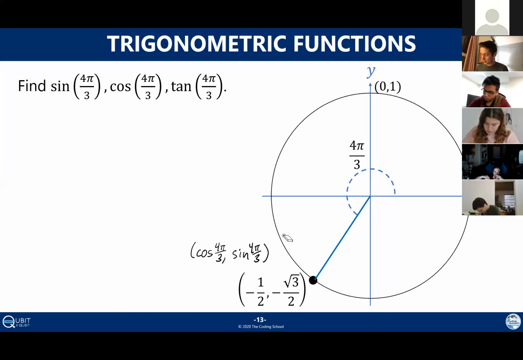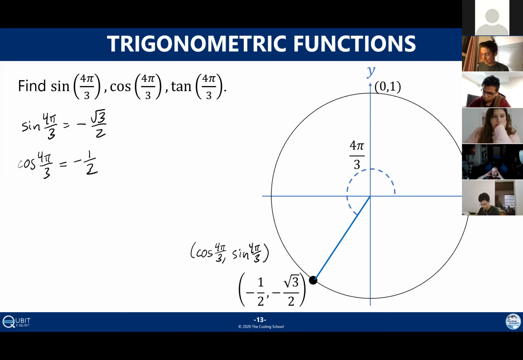Looking at the y coordinate, we have that sine of 4 pi over 3 is equal to minus root 3 over 2, just looking at the y coordinate of the point we were given. And likewise, cos of 4 pi over 3 is equal to minus 1/2. So the only trick here is remembering the definition of sine and cos is the x and y coordinates of a point on the unit circle.